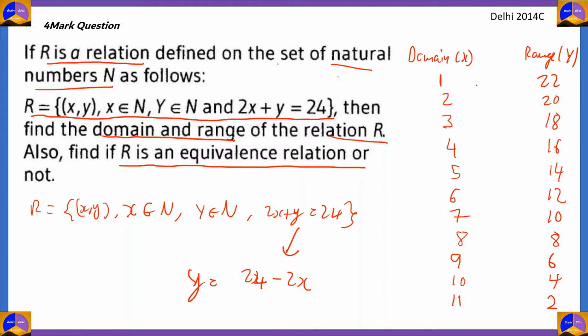So these are just what we get by putting the value of x in the equation y is equal to 24 minus 2x. So we get the value of y like this.